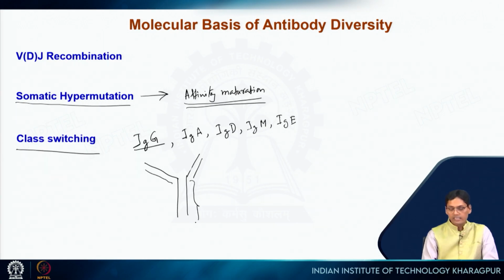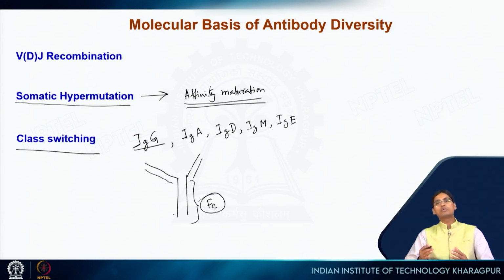And I mentioned this is the Fc region. This Fc region can also be switched between different classes of antibody. That means the antigen binding site remains the same, but the Fc region can be changed. I'm not going into molecular details, but that step is called class switching, and that will bring different, diverse types of effector function.